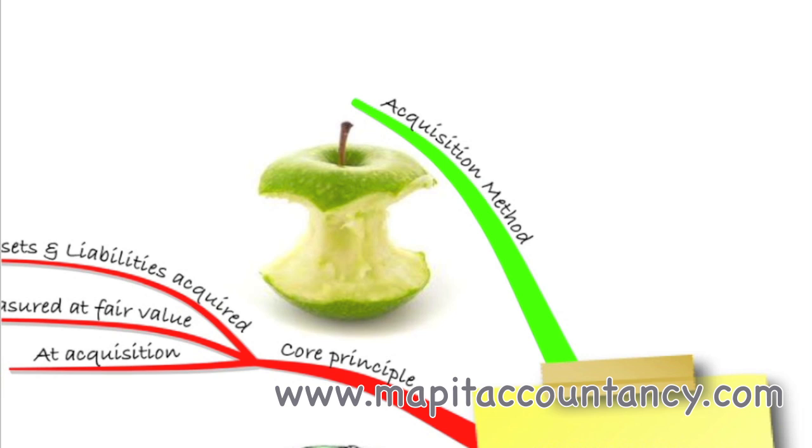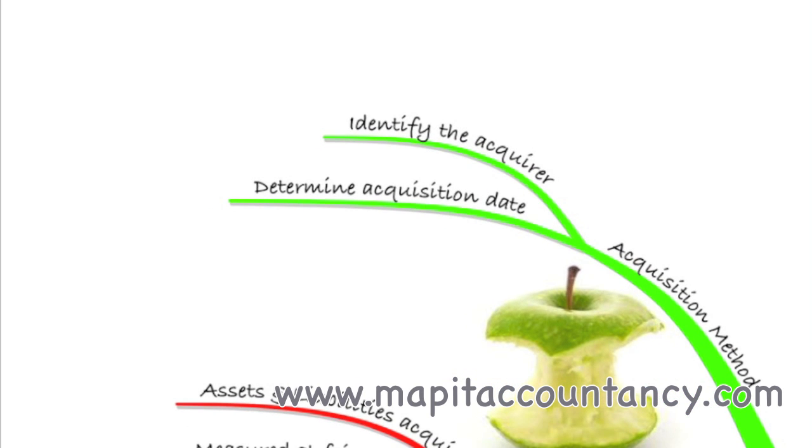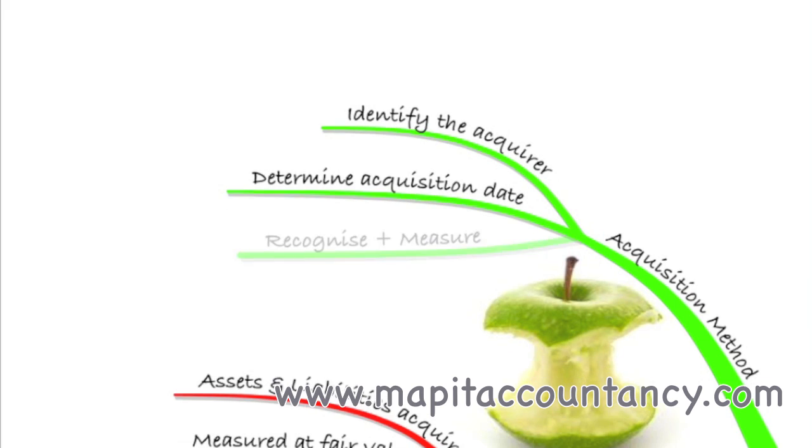So the acquisition method says first of all identify the acquirer. So identify the parent, and that's the first step that we undertake as well. Determine the acquisition date, because of course we have to determine the fair value of the assets and liabilities at that date, so we need to know what that date is.